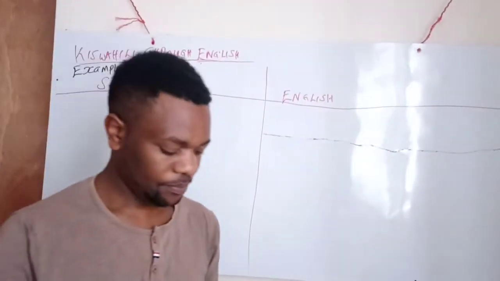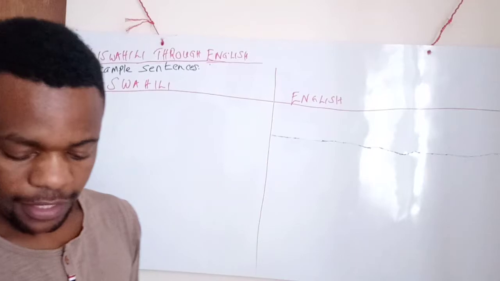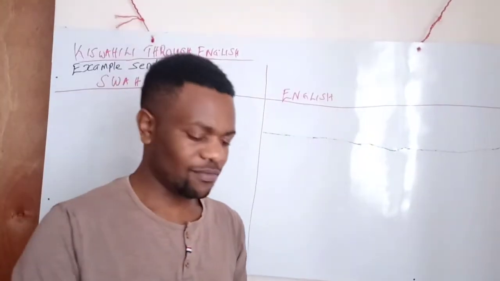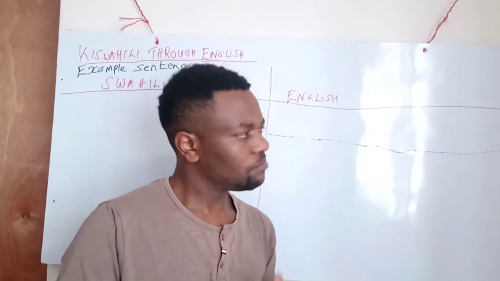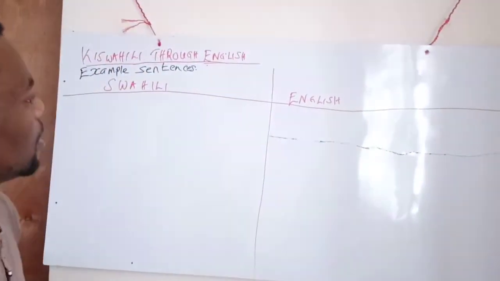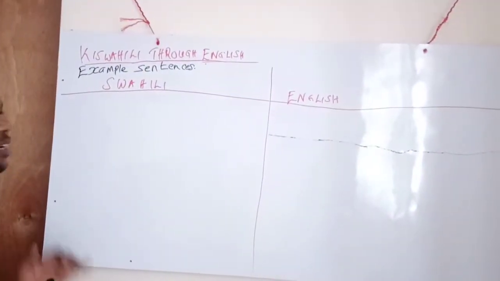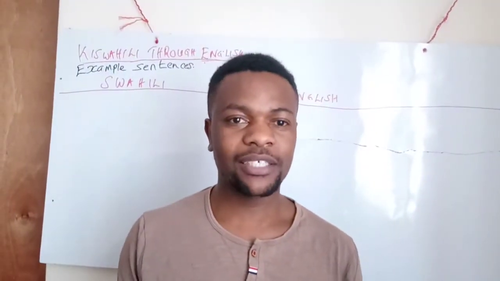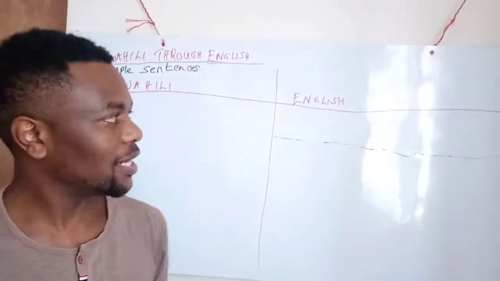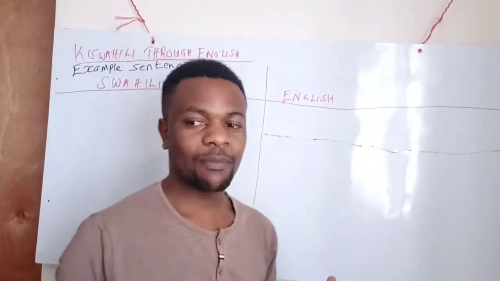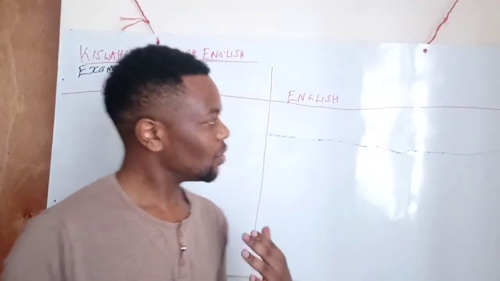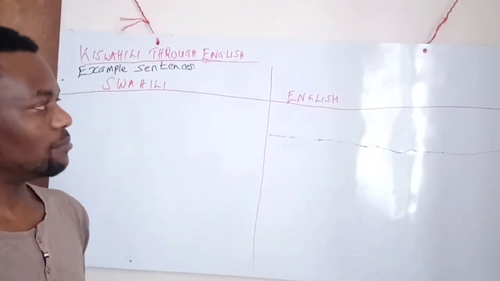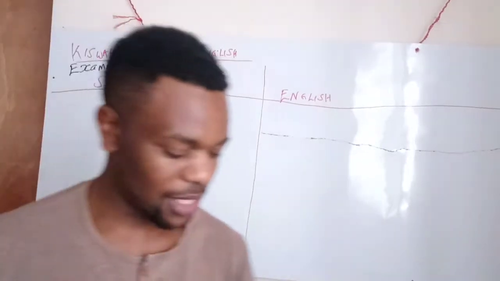So, in the last lesson, I taught you some basics of greetings, and I also discussed one common phrase, Hakuna Matata, and we expounded on it, trying to see, other than saying Hakuna Matata, what else can you say other than there's no problem? And we made several examples there.